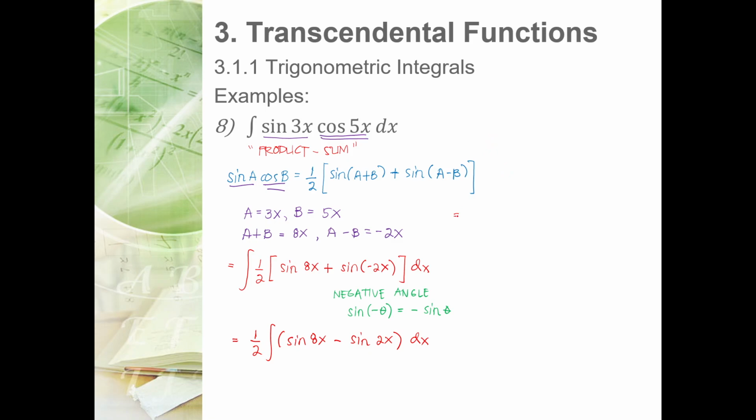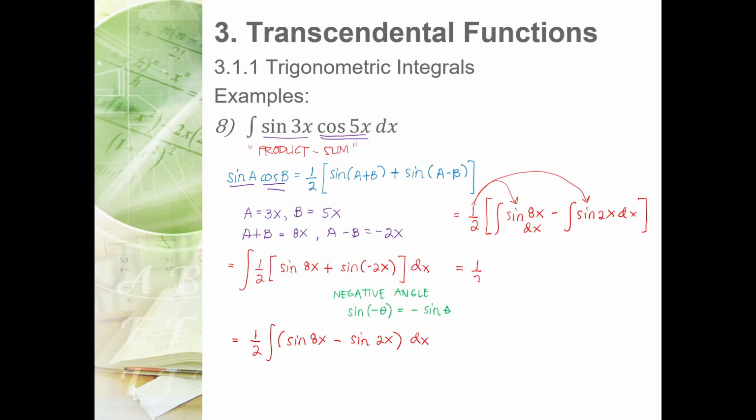Okay, so getting two integrals, you have 1/2 the integral of sine 8x minus the integral of sine 2x dx. So getting the integral of the first term, distribute 1/2 to the first term. Distribute 1/2 to the second term also upon integration.